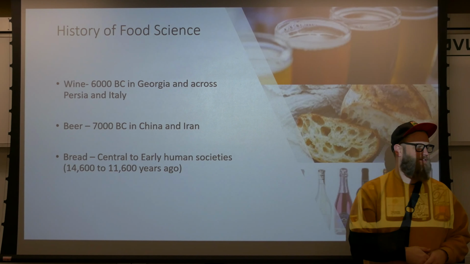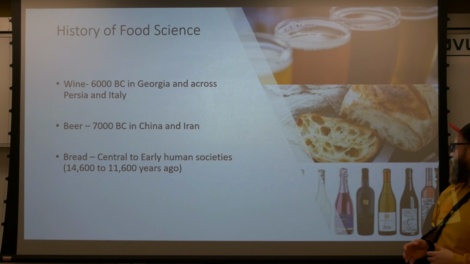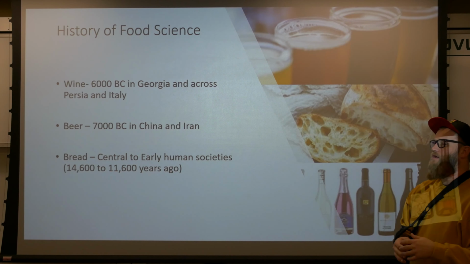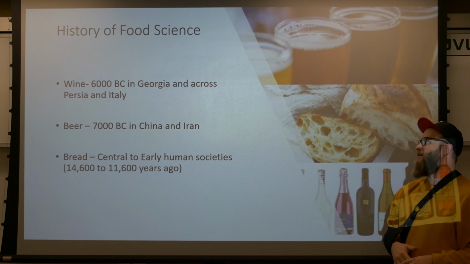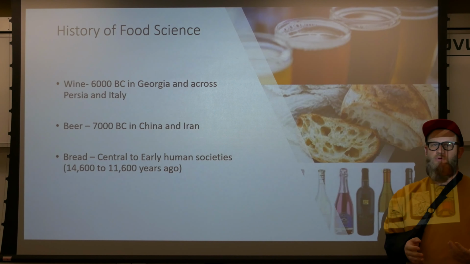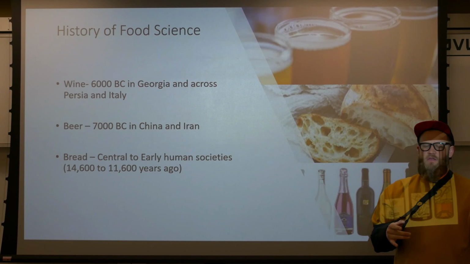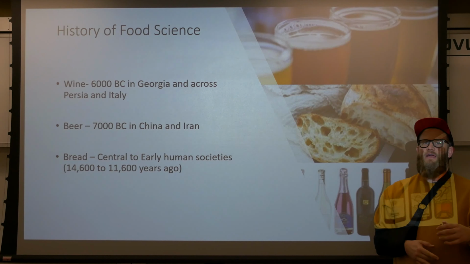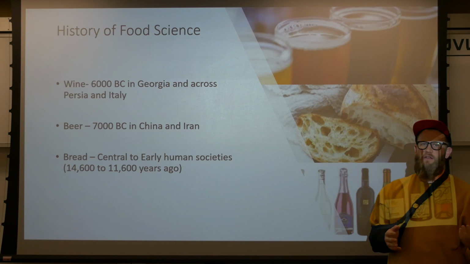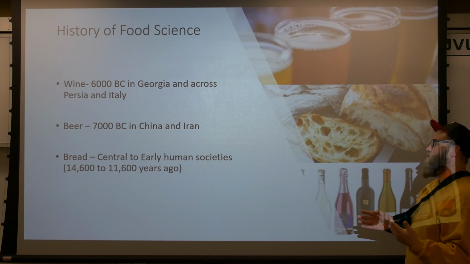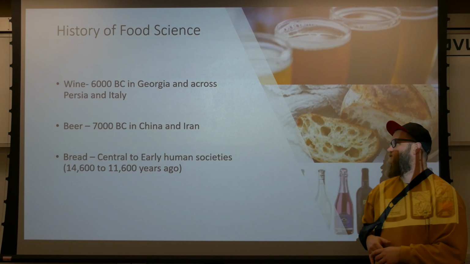So we're just going to talk about some of these foods and their history. I'm kind of in the way, but that's wine. Wine is at least since 6000 BC from Georgia across Persia and Italy. And wine is made from grapes, and we'll talk about it a little bit more, but all of these likely began to form from wild yeasts.